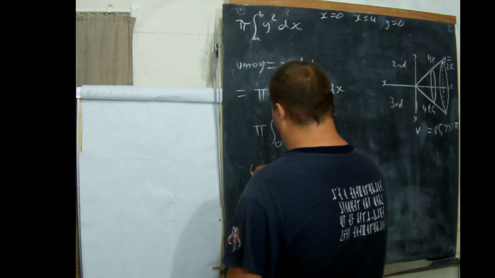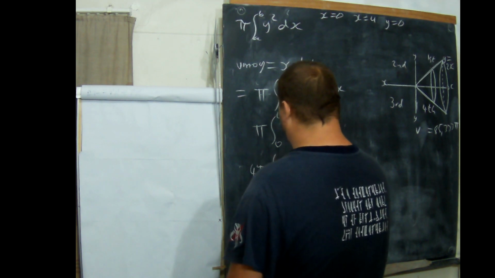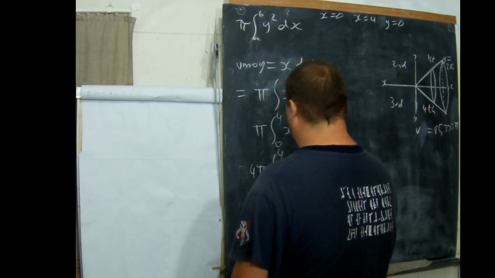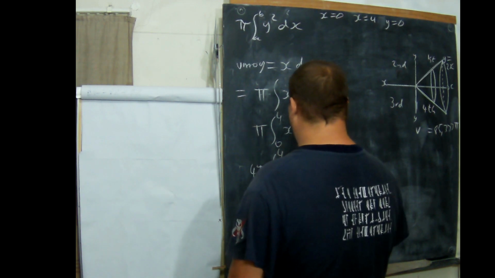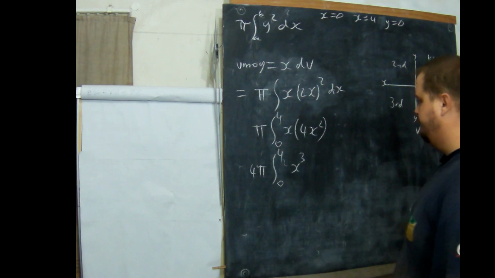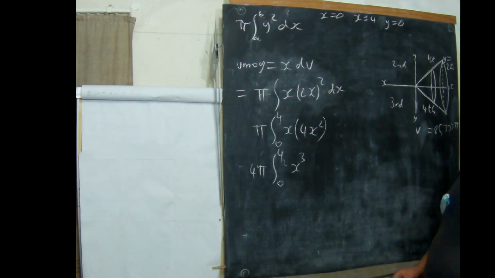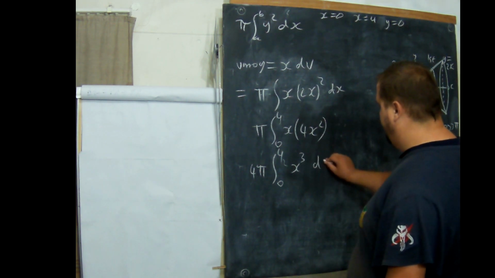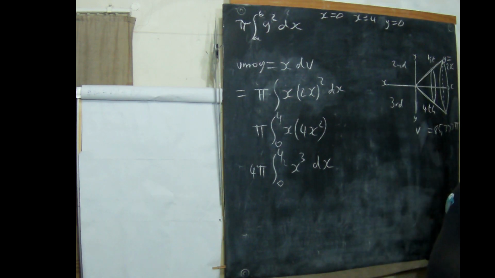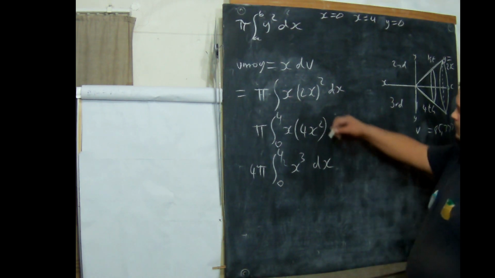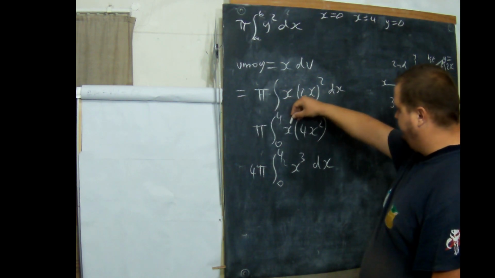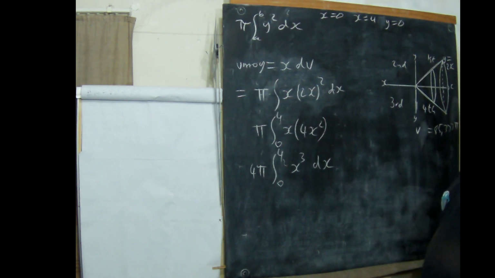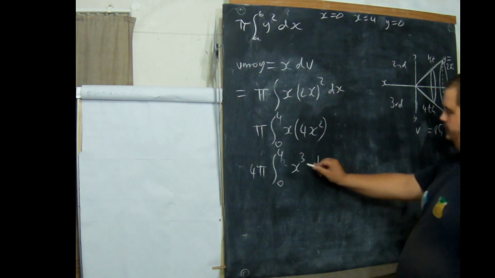So we're left with 4 pi, 4 and 0, x cubed, dx. X times x squared gives you x cubed.